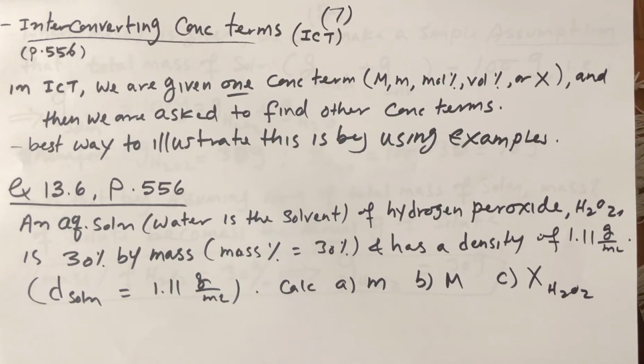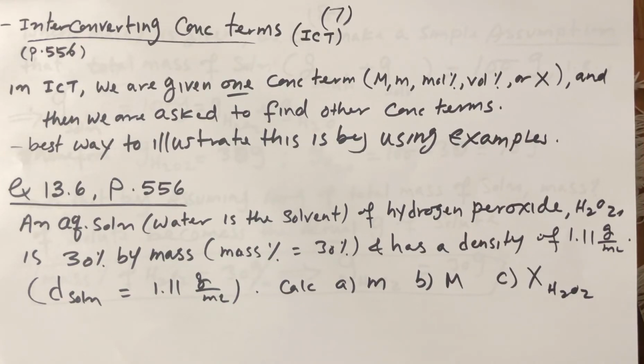Now, I have included an example here, which is 13.6 on page 556. Again, I'm referring to the 8th edition of the textbook. That is basically an aqueous solution of hydrogen peroxide, for which the formula is H2O2, not H2O, H2O2.